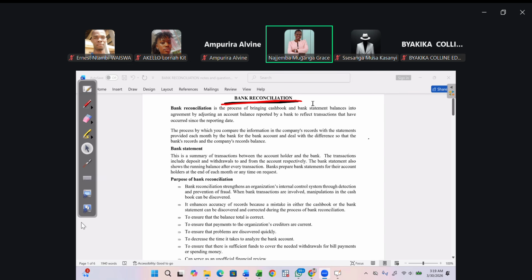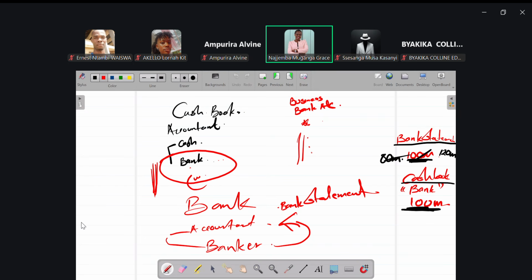A bank reconciliation is a process of bringing the cash book and the bank statement balance into agreement. So when you realize that the balances are not in agreement, they differ, we move to what we call bank reconciliation.